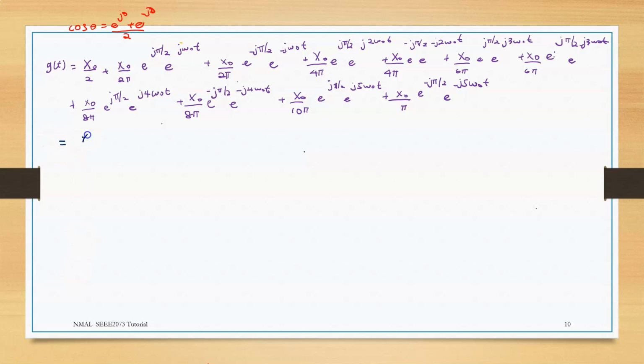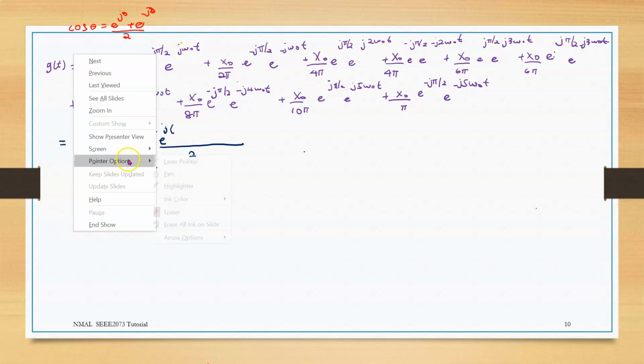Okay, we write 2 x naught over 2, which is the n equal to 0 part, and then for the n equal to 1 part, you write here x naught over pi. You notice here the equation is x naught over 2 pi, right? So you leave 2 here in the big bracket so that you can match with this cosine. And the exponent here becomes exponent j. Take out the j and put in the bracket pi over 2. Sorry, you put the omega naught part first.